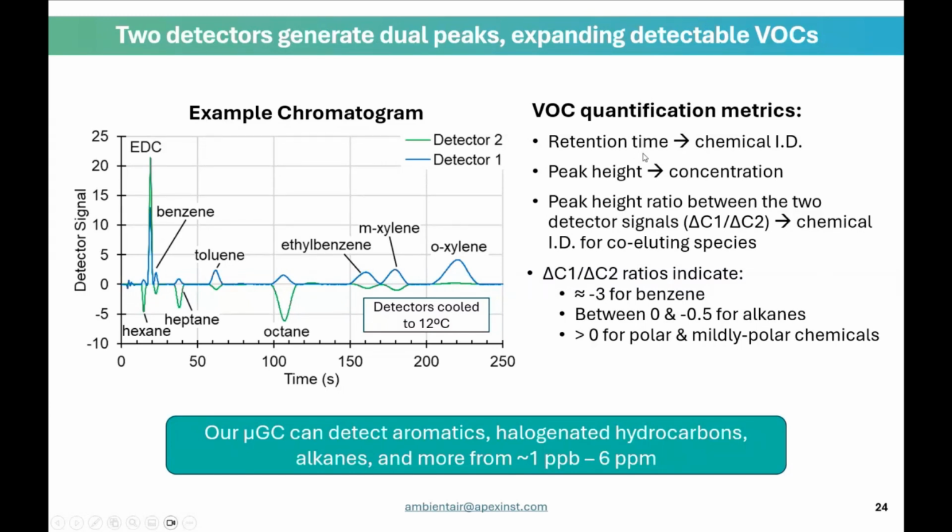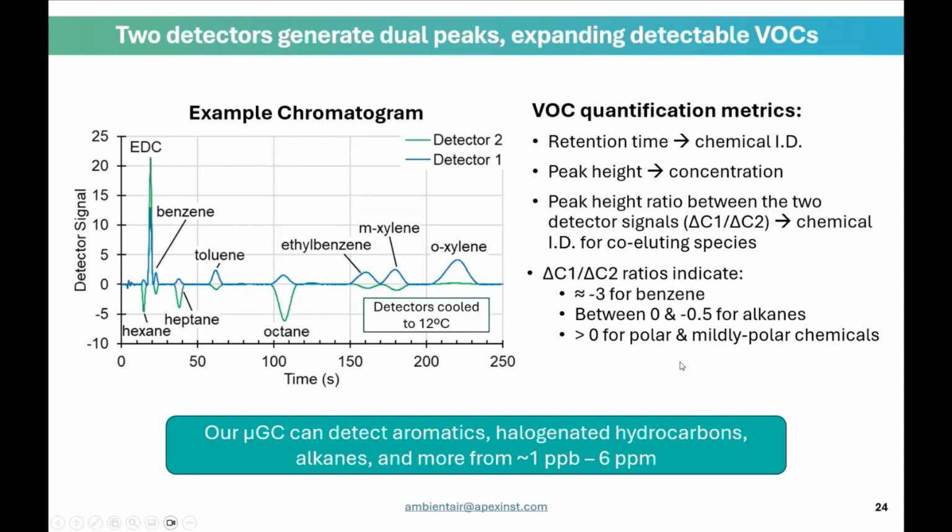We have the standard retention time lending to chemical identification and peak height corresponding to concentration. But then we also have a third parameter, which is the peak height ratio. So it's basically the difference in capacitance between the two detectors. And that helps to further identify chemical species, which is helpful when there's co-elution of chemical species.